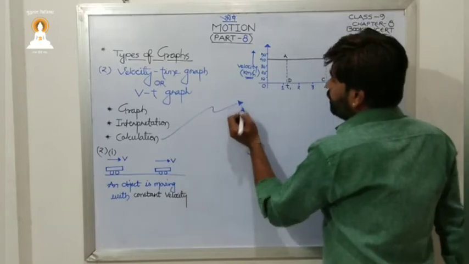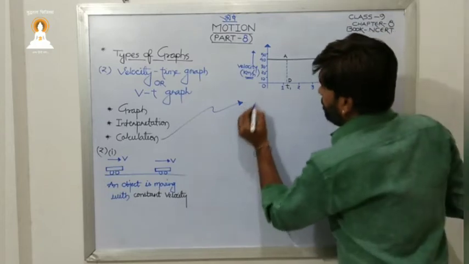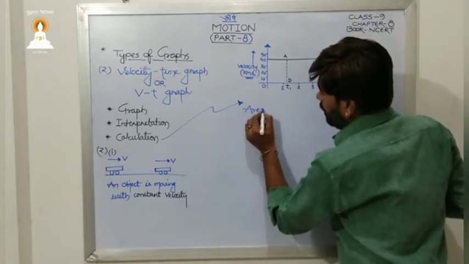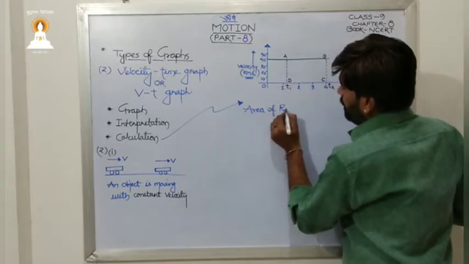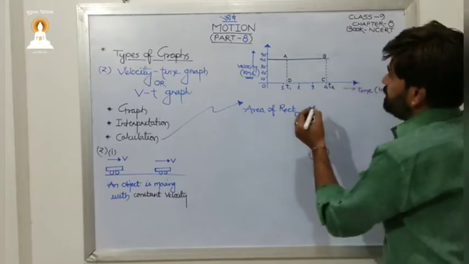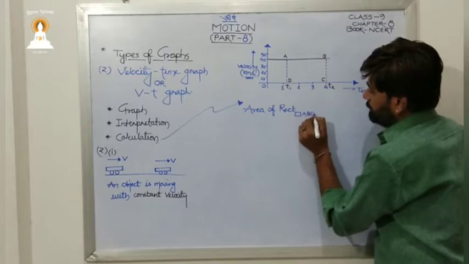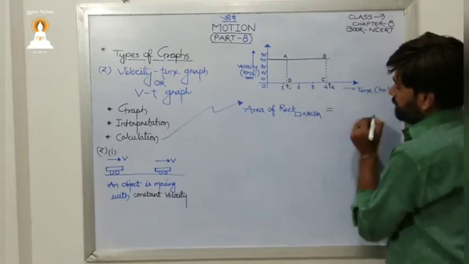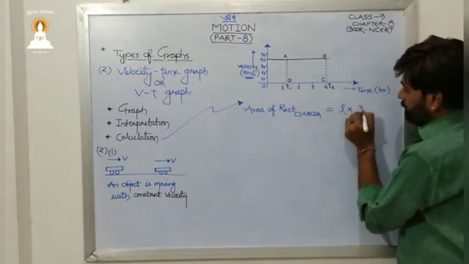In calculation we observe the area of this rectangle, which is named as ABCD. Now the area of rectangle is nothing but length into width.